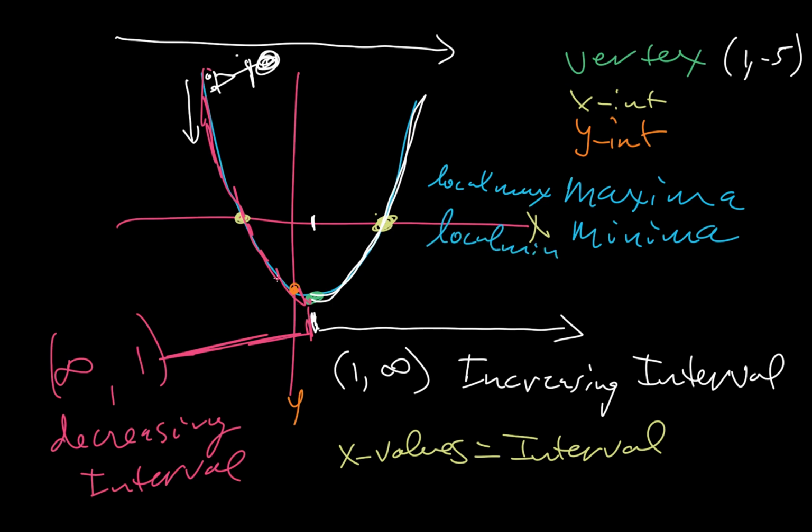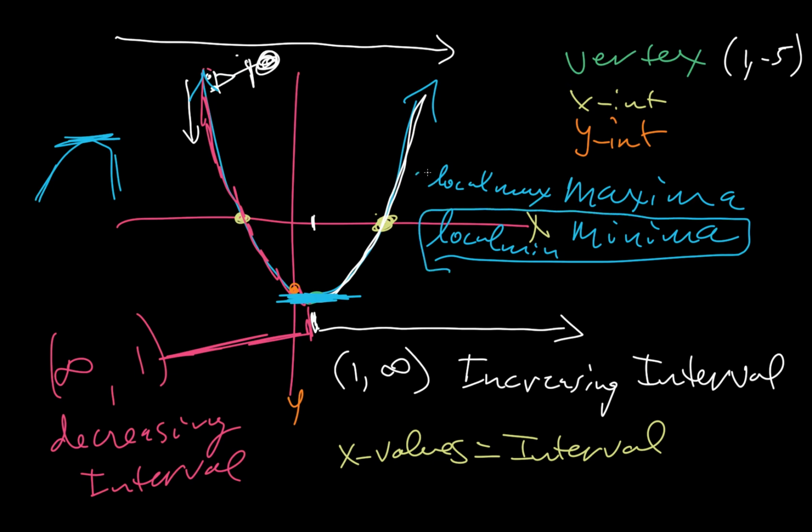What it means is, if we're not considering going to infinity as our max, because we just go on forever, we want to know a place where we go down and then come back up, or go up and come back down. So this one's going to have a local minimum, because we go down and then come back up. For the maximum, we would just say none. And we just want to write the y value. We said the y value is -5, so we just say y equals -5 on that one.